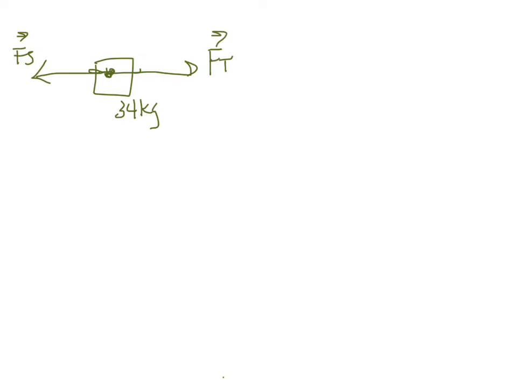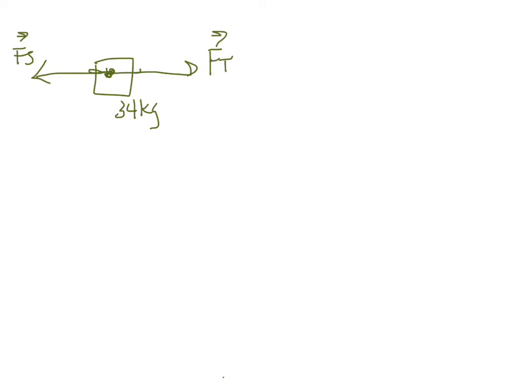So let's look at part B. Part B is asking us to calculate the magnitude of the tension force between the sleds. Between the sleds means that we are only worried about the mass that's behind the rope. In this case, that's just sled 2, which is our 34 kilograms. Our backwards force is going to be our force of static friction, and our forward force is going to be our force of tension.